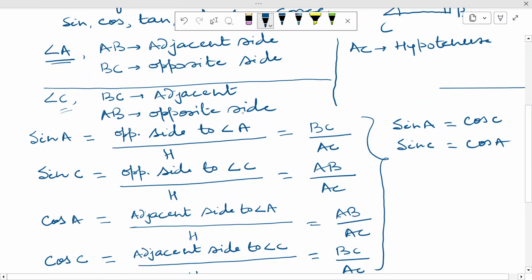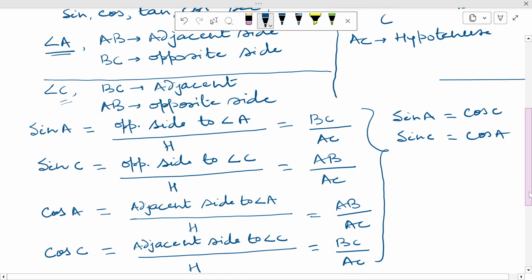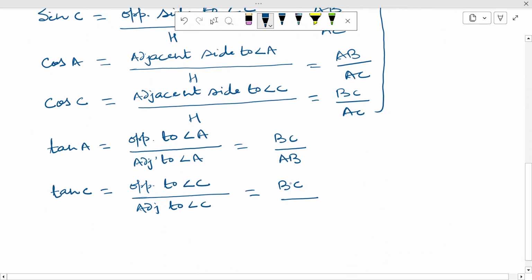Here you can see angle C, so we are finding tan of angle C. BC is adjacent and AB is opposite. So this will be AB over BC.